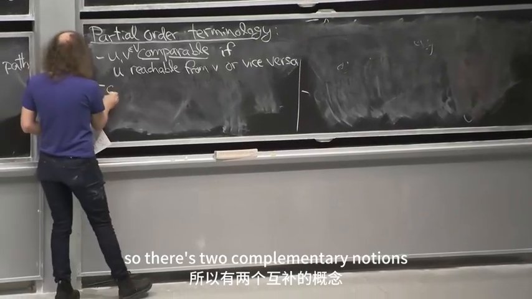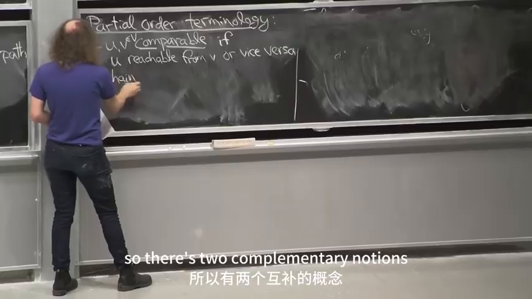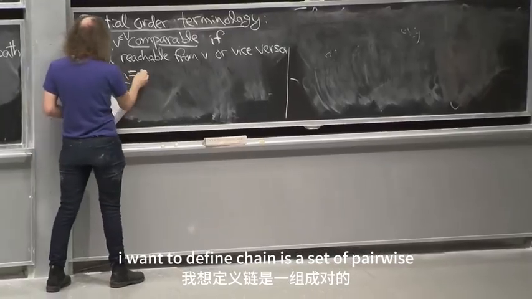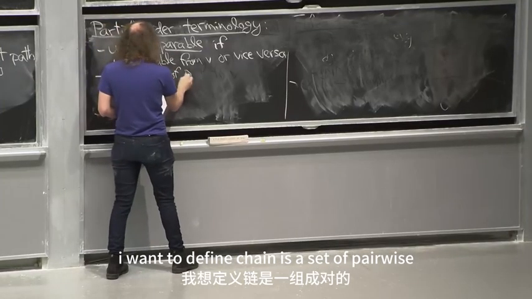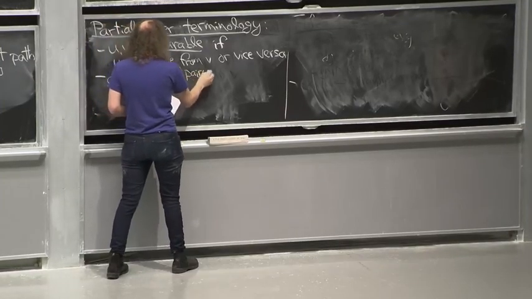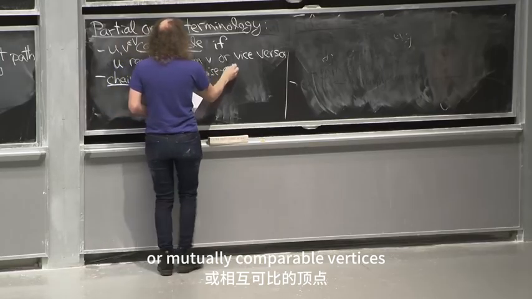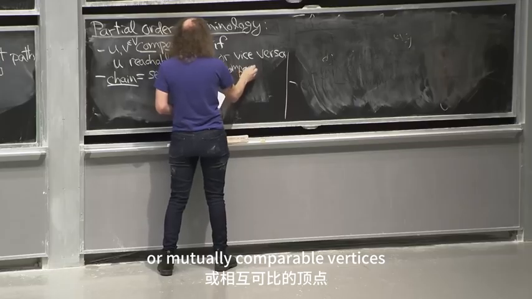All right, so there are two complementary notions I want to define. A chain is a set of pairwise, or mutually, comparable vertices.